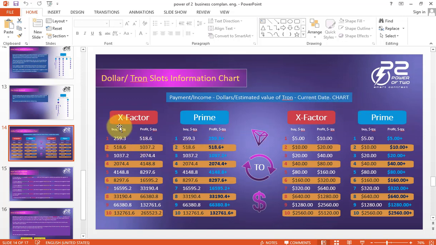So here to the left is the Tron, where the buy is 259.3 Tron, and you profit 518.6 Tron, and it works all the way down to the 10th slot. Now this doesn't happen all at once. It recurs.